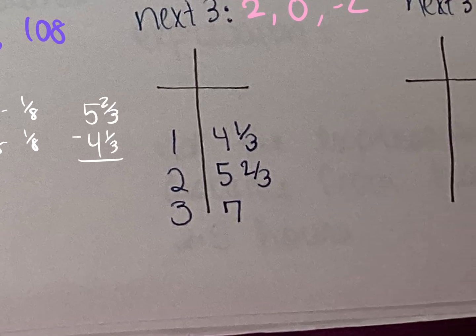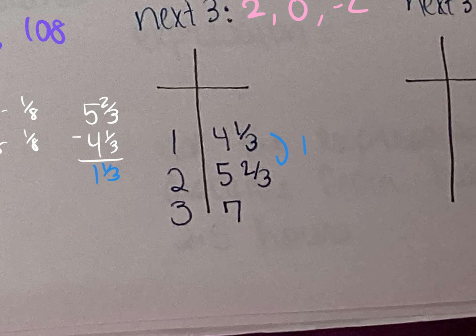Okay, the next one, figure out the rule. If you don't know how much it's going up, do this math. This would be 4 5/3. Oh, I don't need to borrow, silly me. 2/3 minus 1/3 is 1/3, and that's a 1.